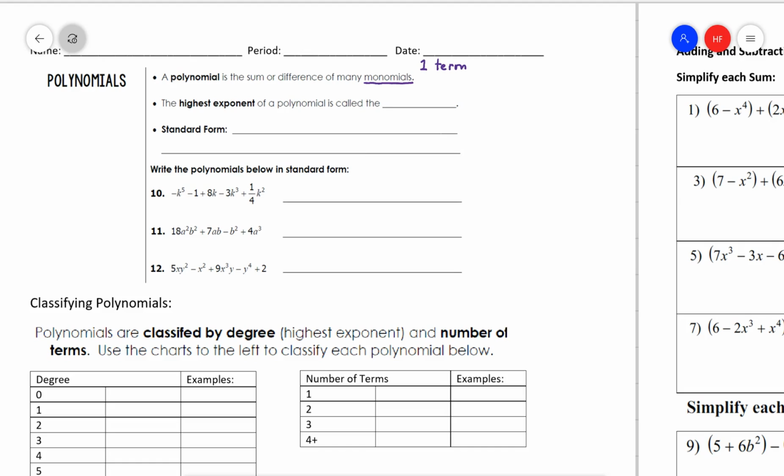The highest exponent of a polynomial is called the degree of the polynomial. And in standard form, we want to write the largest degree first, then in descending order.